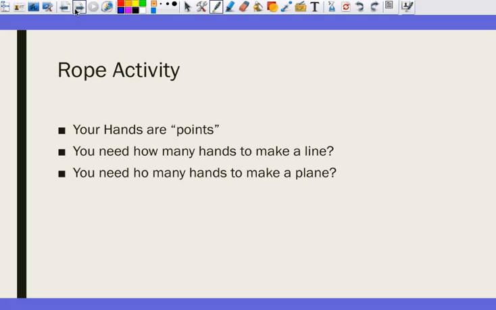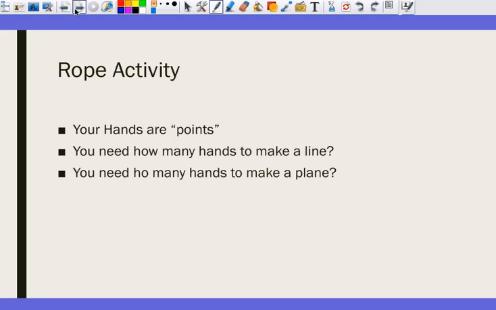She's holding a rope in one hand. Can she make a line? Now I want you to make a line. Or you can just make it droopy on one side. Make it tight. Yeah. There you go. Okay.